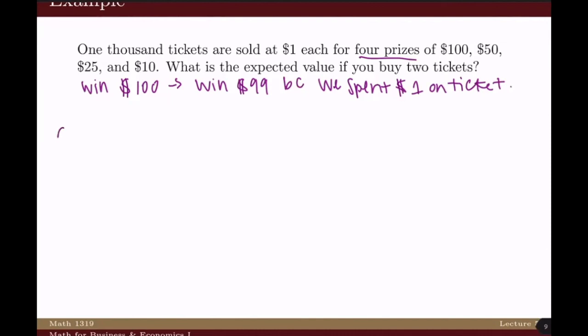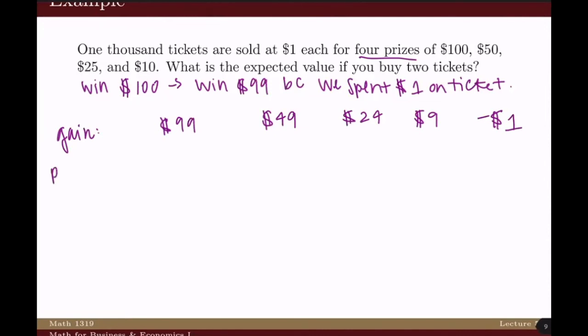So our gains are going to be $99, $49, $24, or $9. Also, losing $1 if we don't win at all. So there is a possibility we can have a loss.